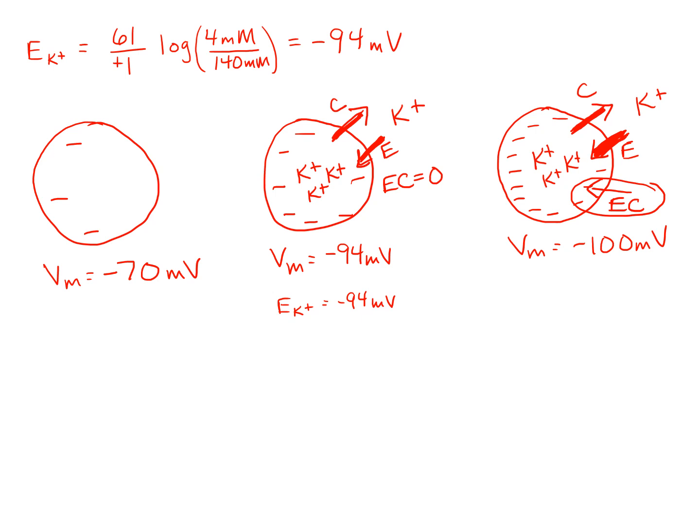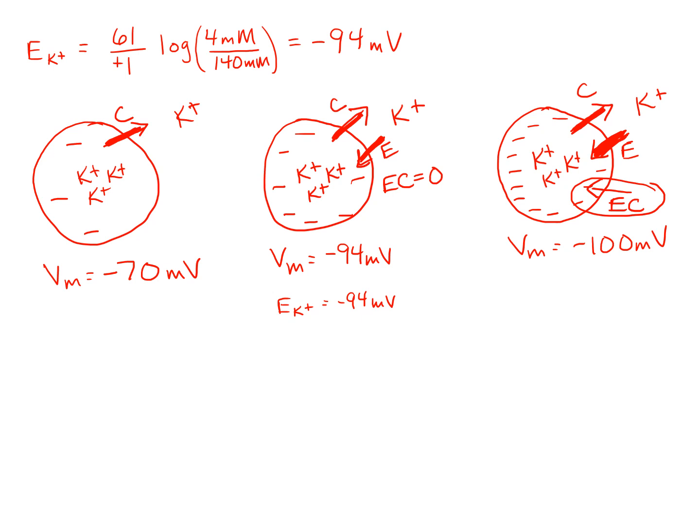We haven't changed the amount of potassium at all, so that's the same. So our chemical driving force doesn't change. We're going to draw the same thickness as what we had at equilibrium.